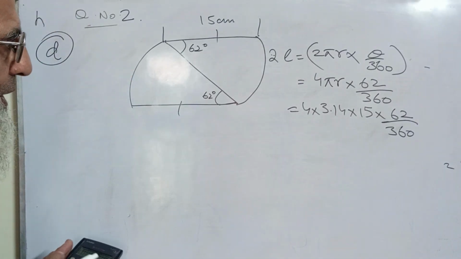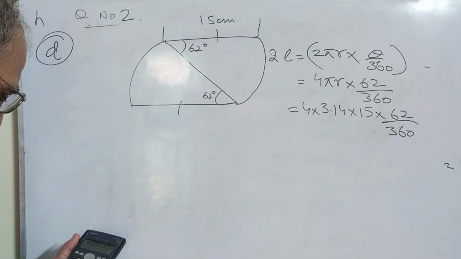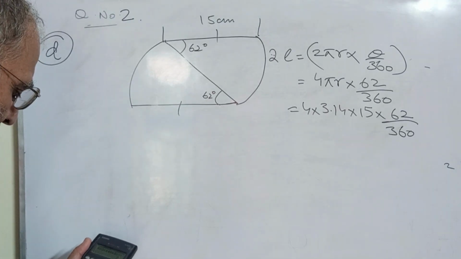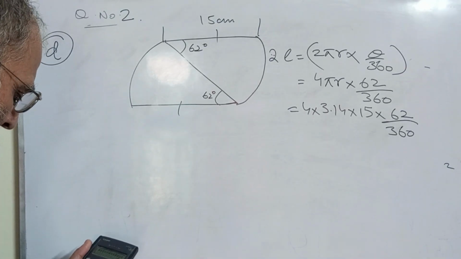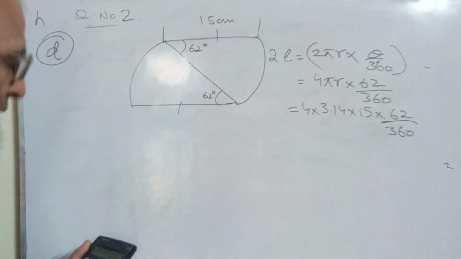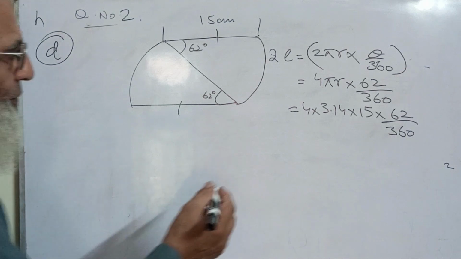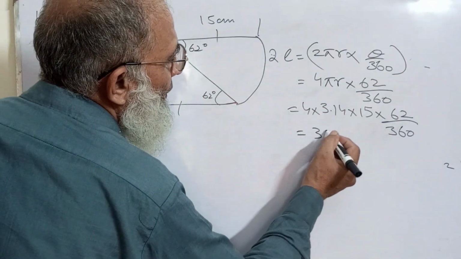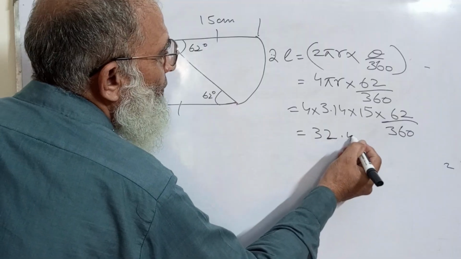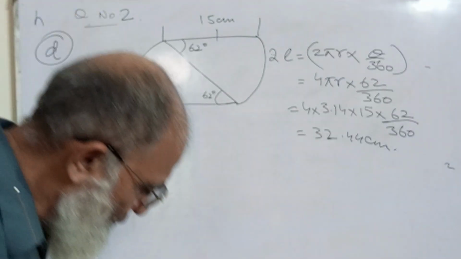So after calculating, what we get is 4 multiplied by 3.14 multiplied by 15 multiplied by 62, divided by 360, is equal to 32.44. Now the length of both arcs is 32.44 centimeter.